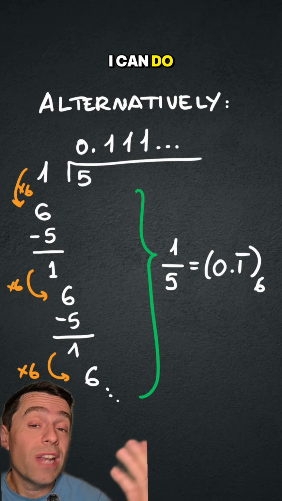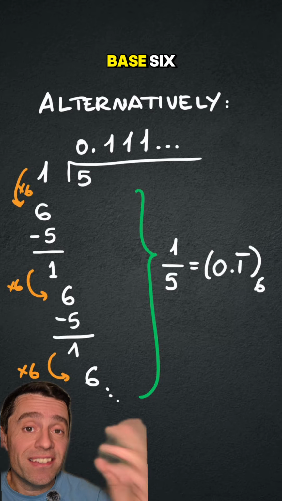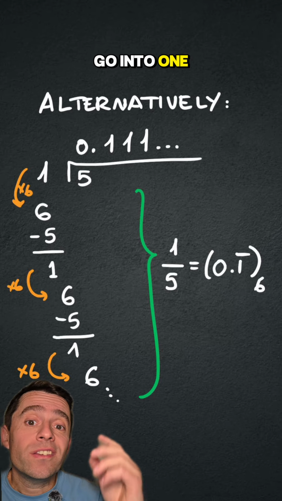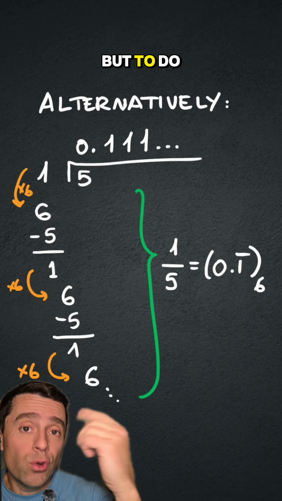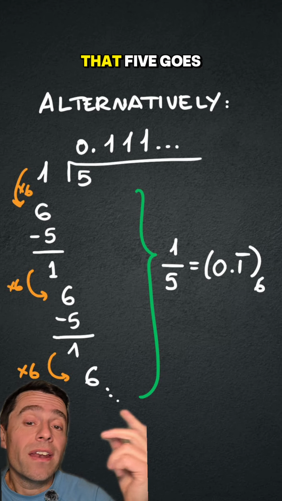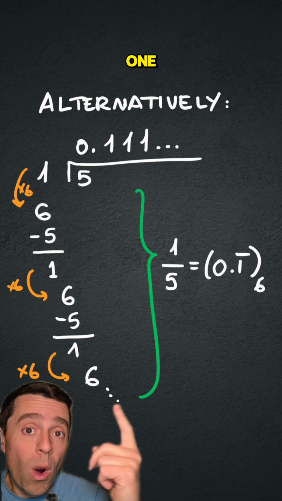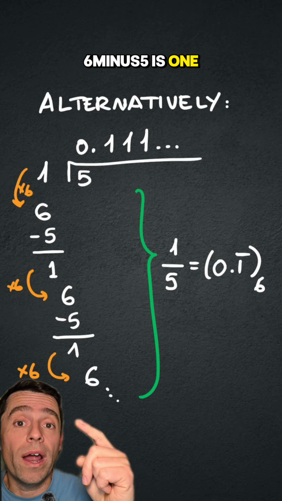Alternatively, I can do, like before, long division of 1 by 5 in base 6. 5 doesn't go into 1, so it's 0 point. I move the point, but to do that, I have to multiply by 6, so 1 times 6 is 6. 5 goes into 6 once, so 5 times 1 is 5, 6 minus 5 is 1.